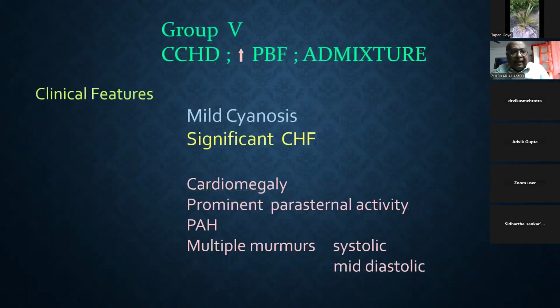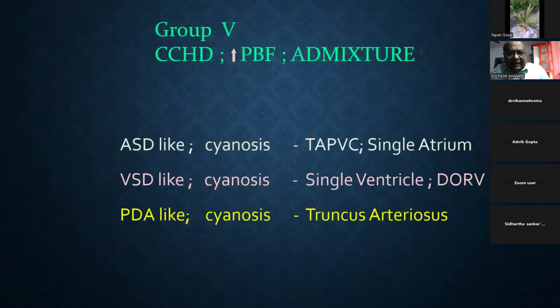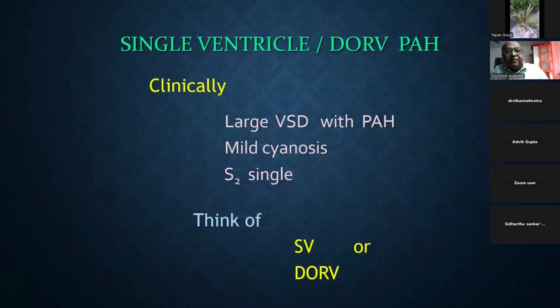And the basic tenet is that they will have mild cyanosis with significant congestive heart failure. So basically, quickly what you can say is that if you have an infant, ASD-like clinical finding with cyanosis, think about TAPVC. VSD-like with tinge of cyanosis, think of single ventricle. PDA with a high volume pulse with cyanosis, think of a truncus arteriosus.